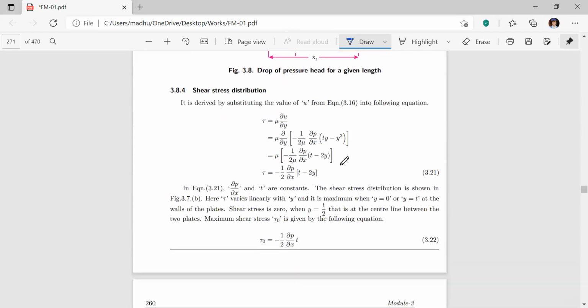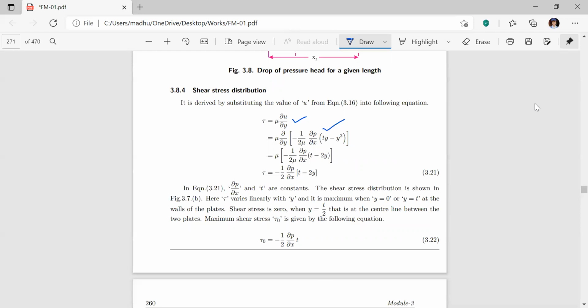Now the shear stress distribution also we have to derive. We know from Newton's law of shear stress, tau is equal to mu into du by dy, where u is the expression for velocity distribution we have derived in the earlier section.